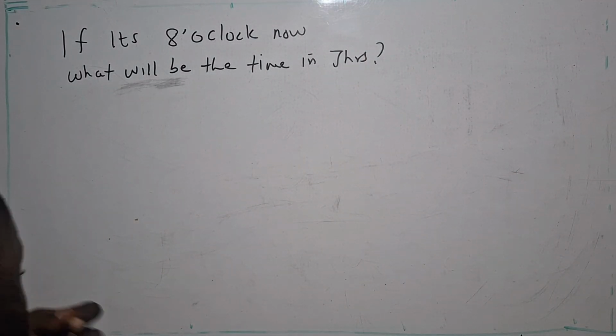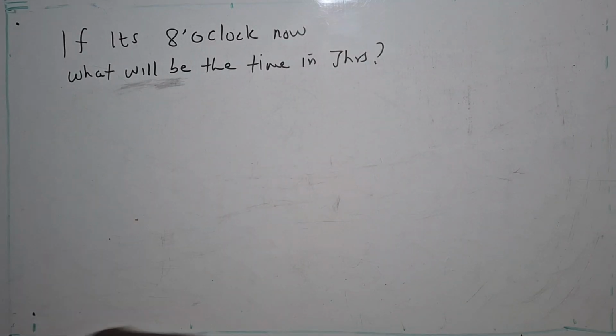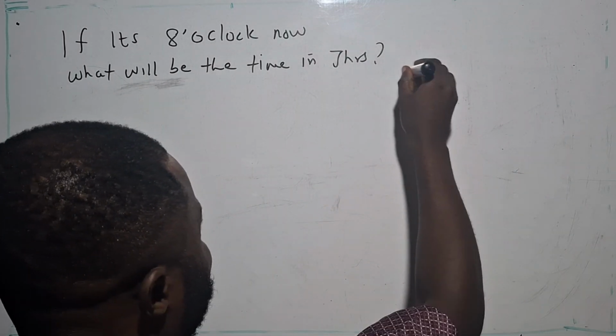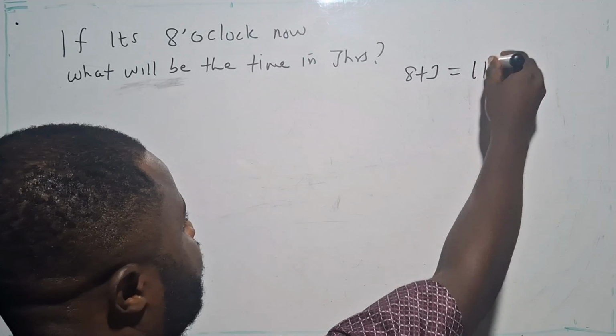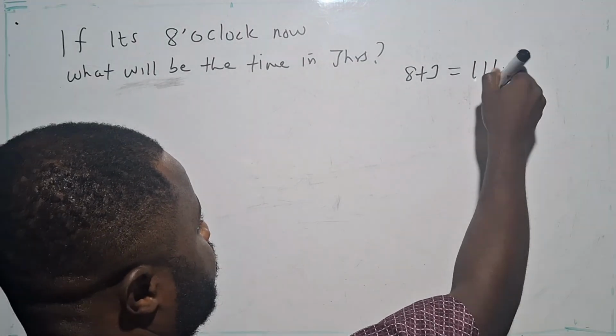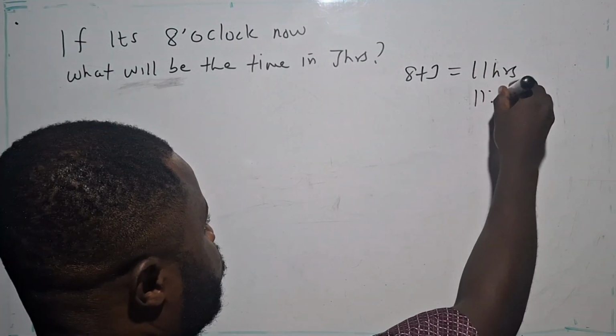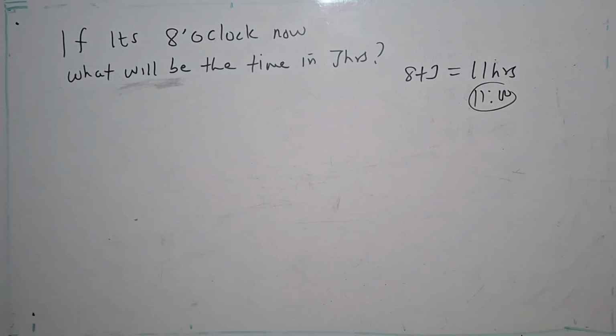In our normal sense, we can just quickly say, let me add 3 to the 8. So 8 plus 3, then I'll get what? 11. So you get 11, which is going to be 11 o'clock. Now let's see how we apply modulo in solving this question.